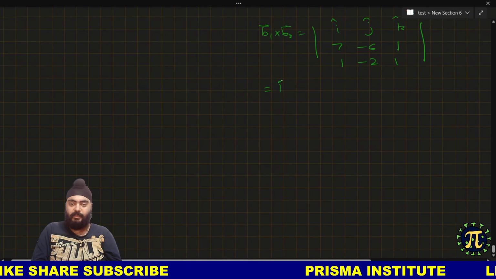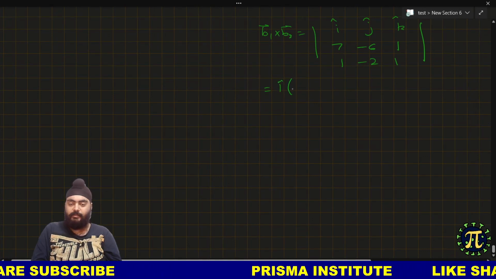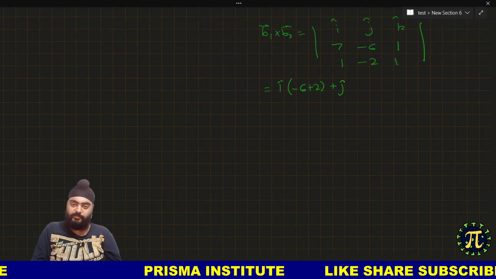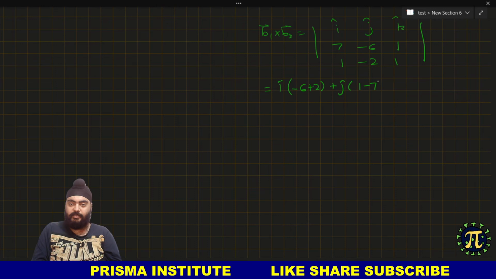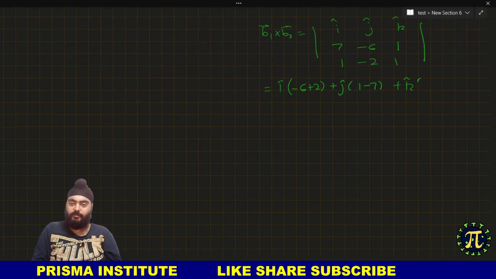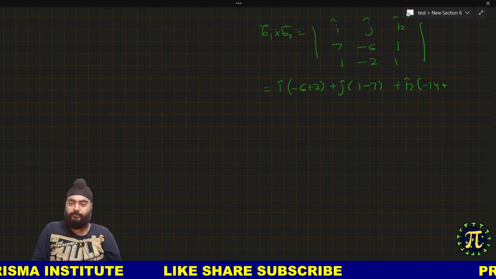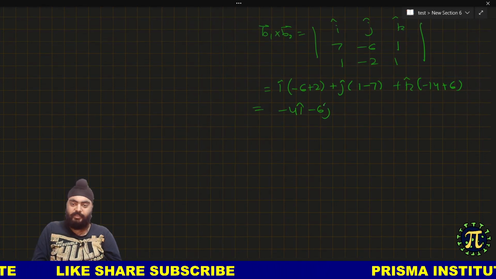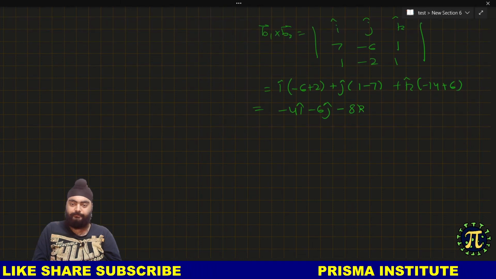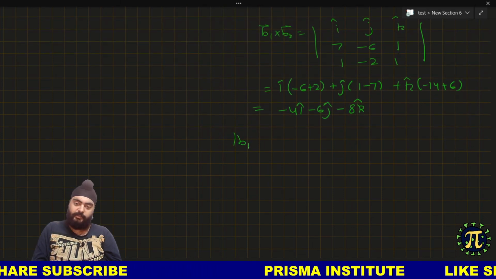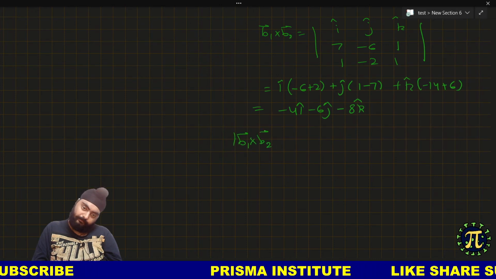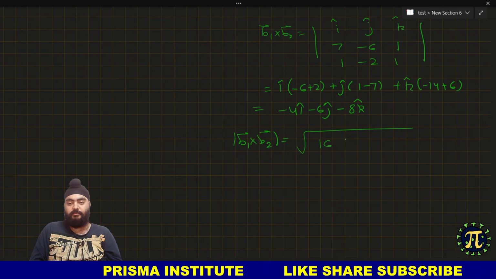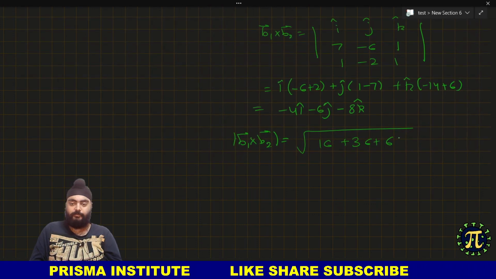So this is i cap with, I'll do directly, minus 6 plus 2, positive j with 1 minus 7, positive k with minus 14 plus 6, and I find minus 4i minus 6j minus 8k. Magnitude of b1 cross b2 is square root of 16 plus 36 plus 64.